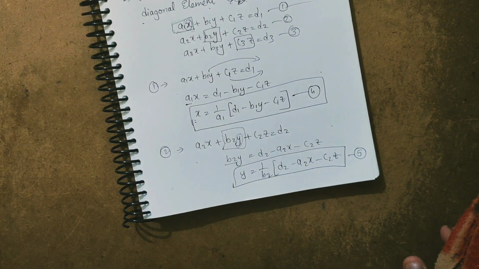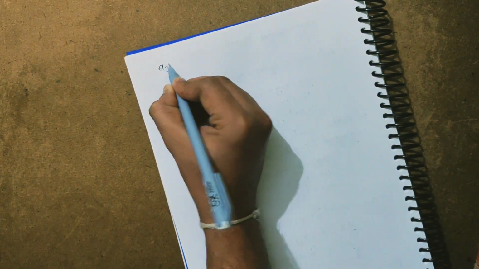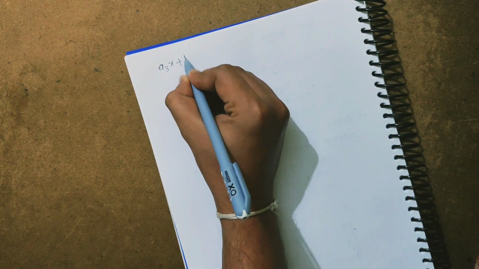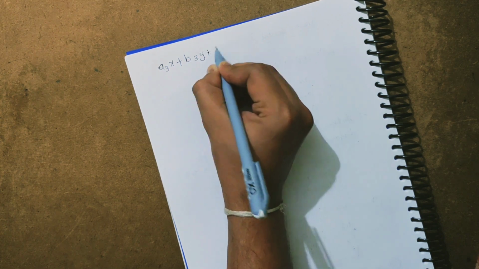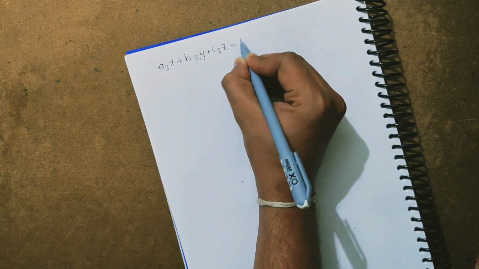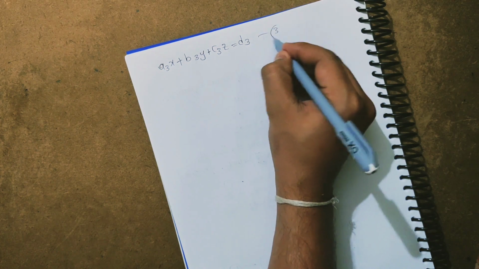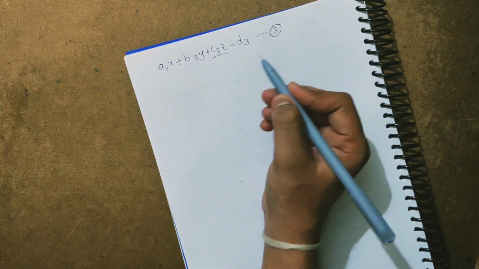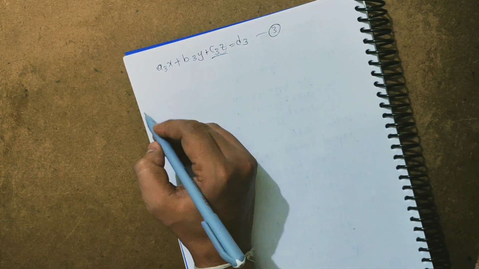Okay, let's take the third equation, a3x plus b3y plus c3z, right, d3. This is our third equation. In this also we have to find c3z, which is z value we have to find.